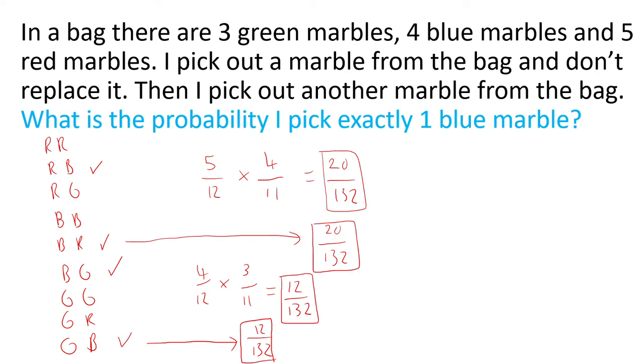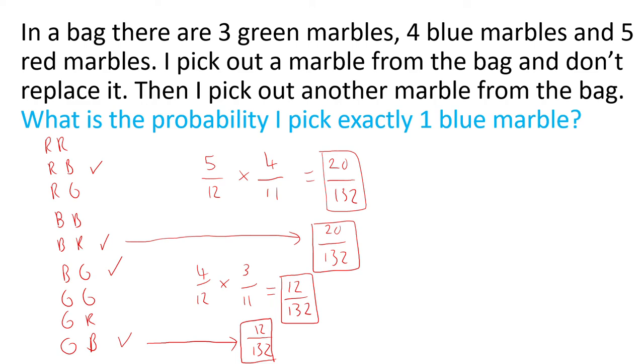Okay, so we have our 4 probabilities now. When it comes to picking exactly one blue marble, this one here, this one, this one, and this one will be fine. So in probability, when we think about "or", we add the probabilities together.